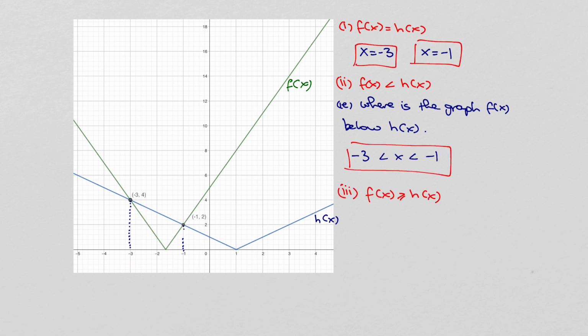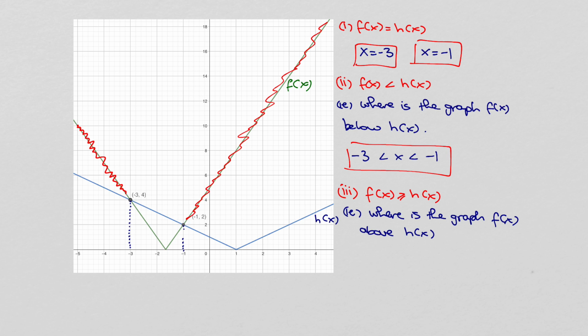So the last part of the question then says, where is f of x greater than or equal to h of x? So again, that means we're looking for where is the green graph lying above the blue graph. So again, if I look, where is my green graph above the blue graph? Well, I can see if I read from left to right that all of those values there are above. And again, all of these values here are above the blue graph.